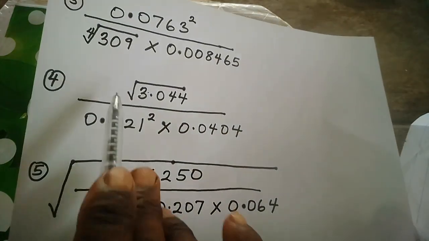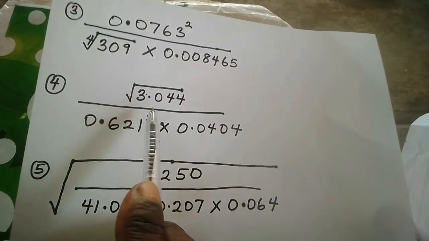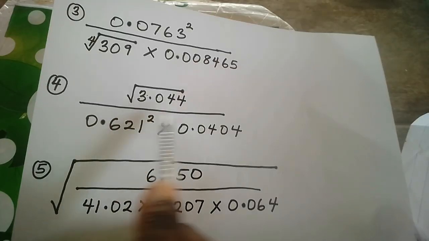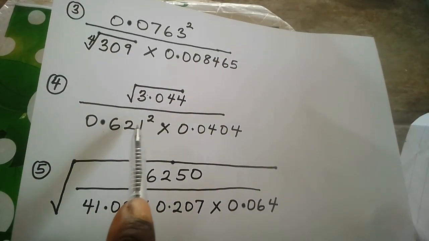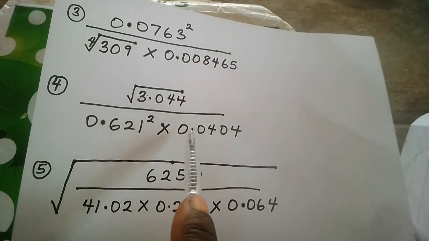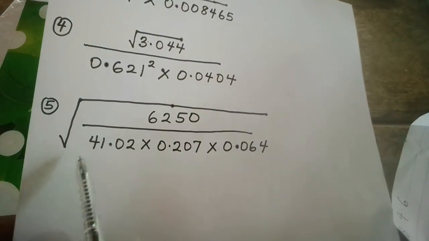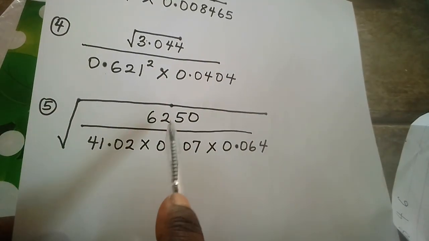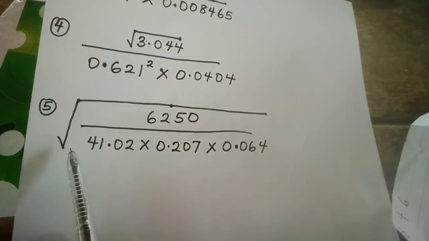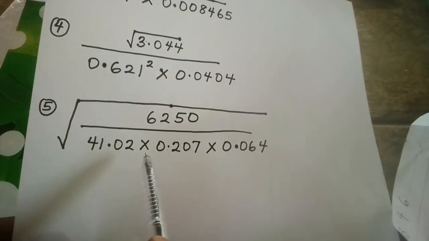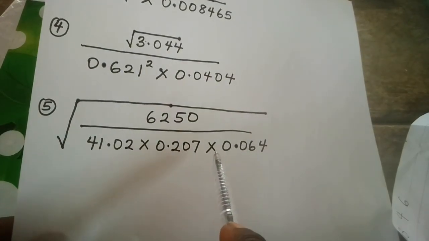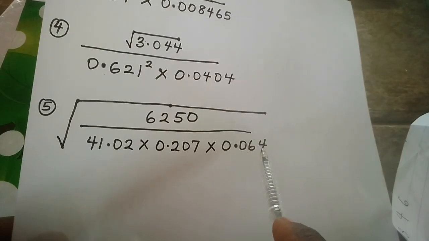Number 4, the square root of 3.044 divided by 0.621 squared times 0.0404. Then number 5, the square root of 6,250 divided by 41.02 times 0.207 times 0.064.